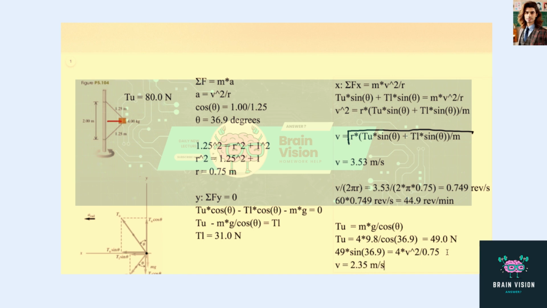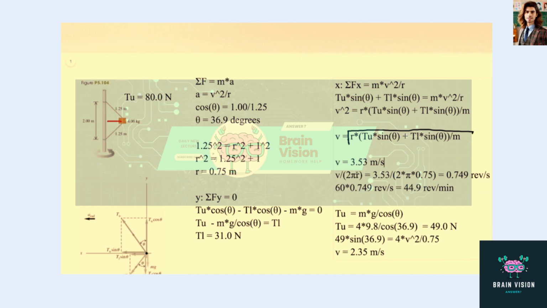2.35 meters per second. And then again, we're just going to follow the same process as before to convert to revolutions per minute. So we again are just going to want to divide by 2 times pi times r.